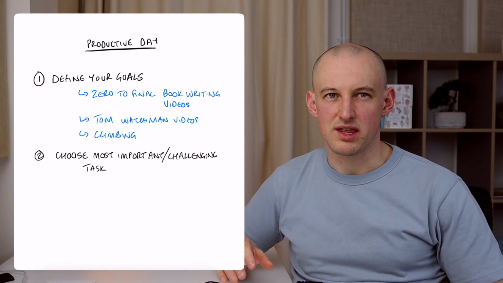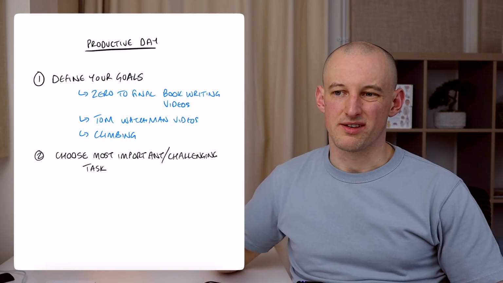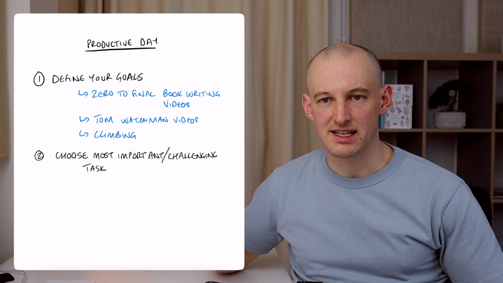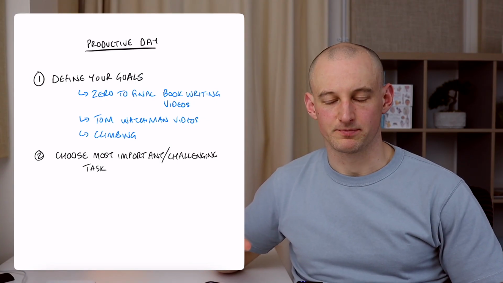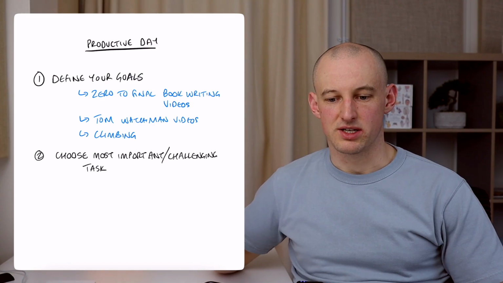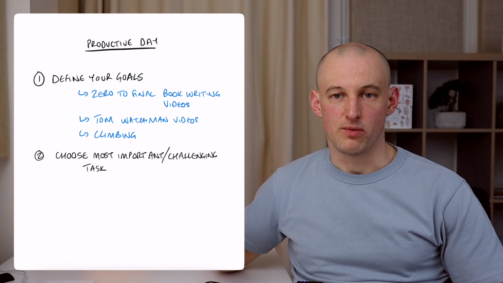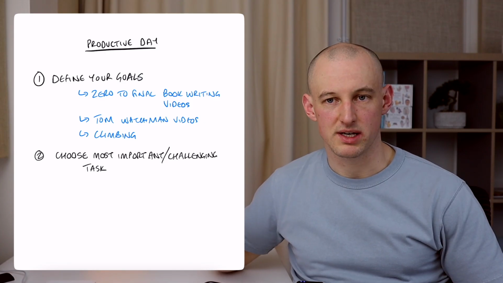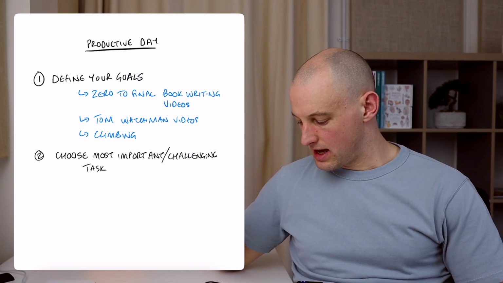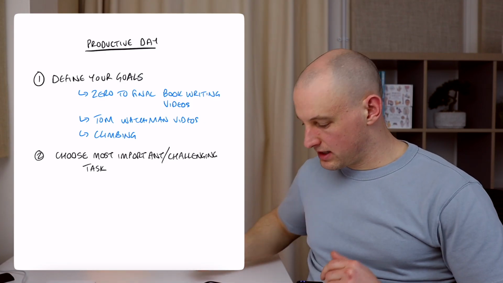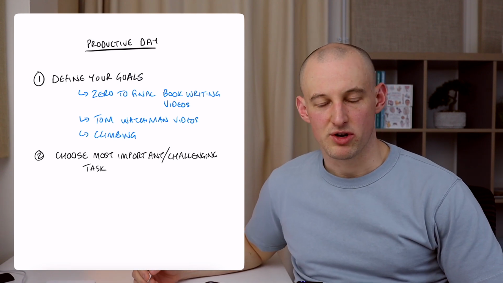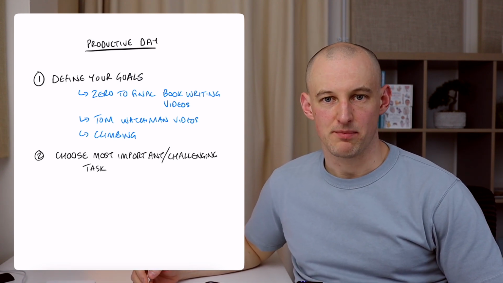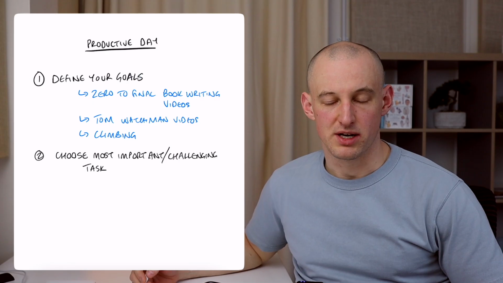And often, this is the thing that you put off. You procrastinate around this really important thing. What you really need to do is get that thing done. So, when you're defining your perfectly productive day, the first thing is figure out what is the most important thing. For example, let's say I'm recording this on Wednesday, but this is really going to be uploaded on Friday.